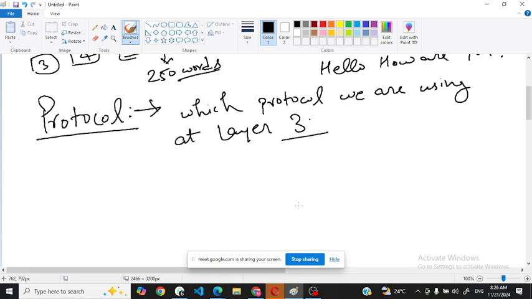Abdul, why do we use the priority and type of service field? What are the 8 bits in type of service? Type of service has 8 bits, and this field mainly deals with information about the quality of service.